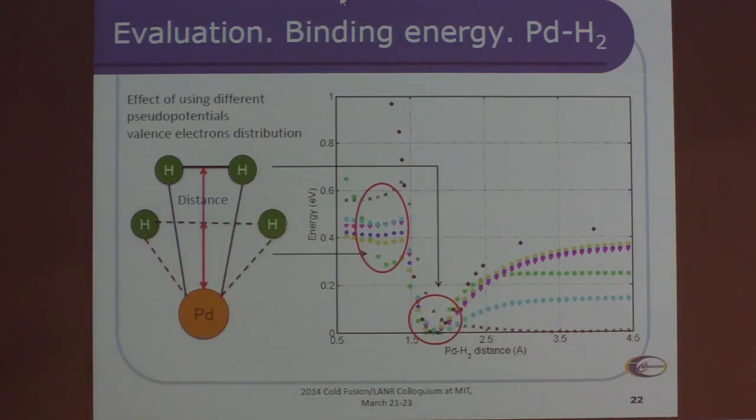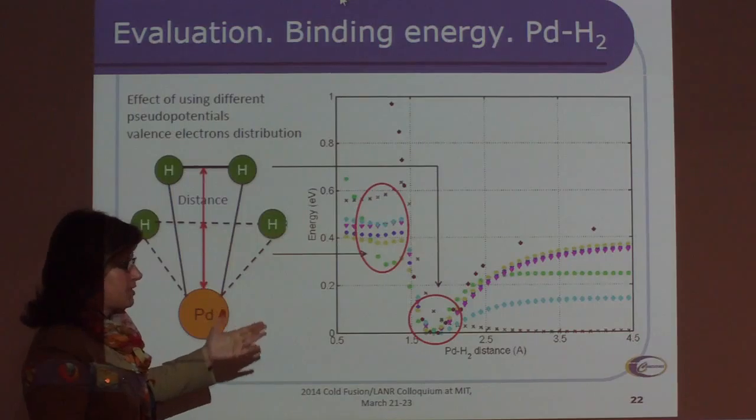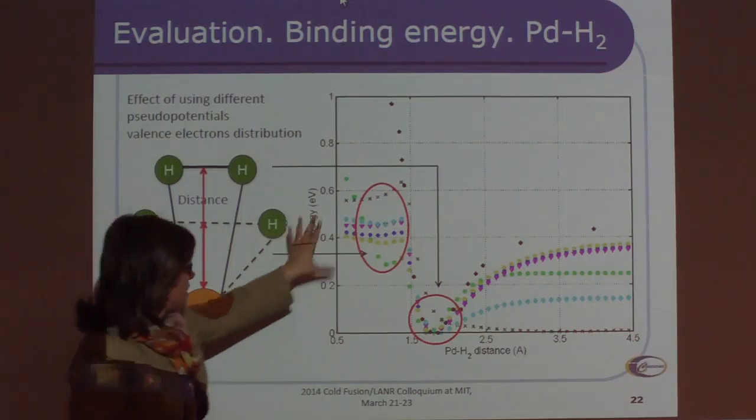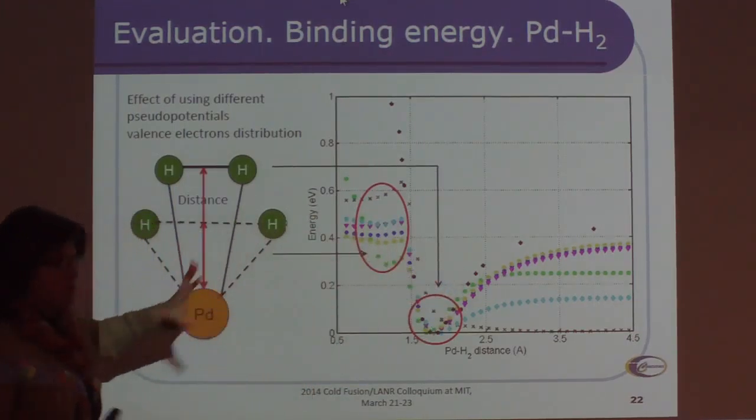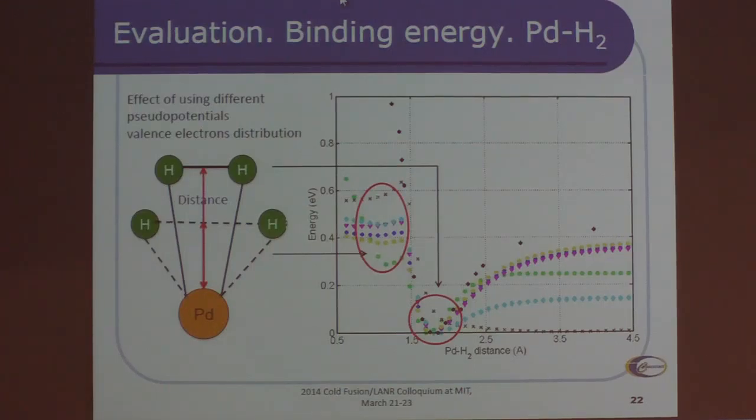You've seen that slide when I was talking about pseudopotentials, where we combine the core electrons. And yes, using different functional approximations, you can get a different result. So that goes back to me saying we have to be careful, because we can get somewhat different results. That's why we always come back and check with experimental data.